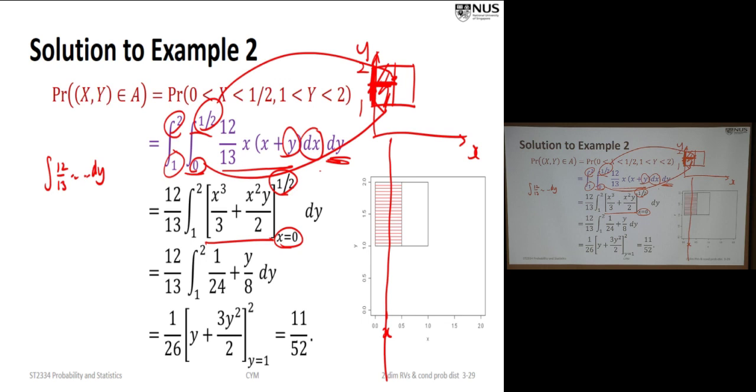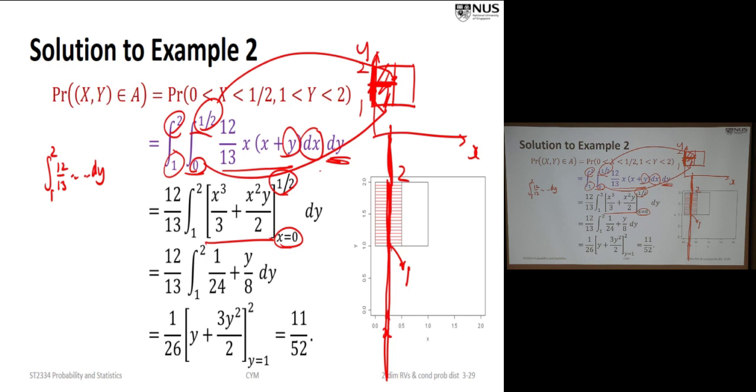But we don't bother about this part and this part. We only worry about this part, where the y value starts from 1 up to 2. So the limit is 1 to 2. After that, all the density here will be condensed on this part.